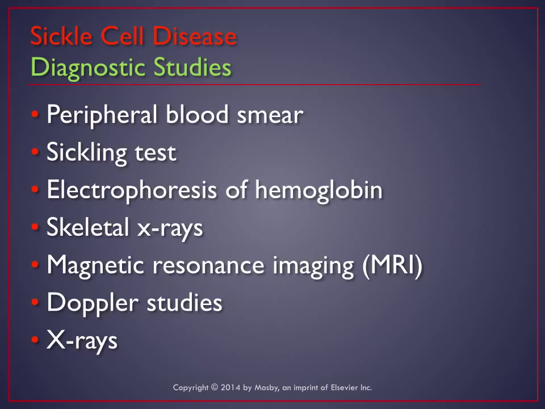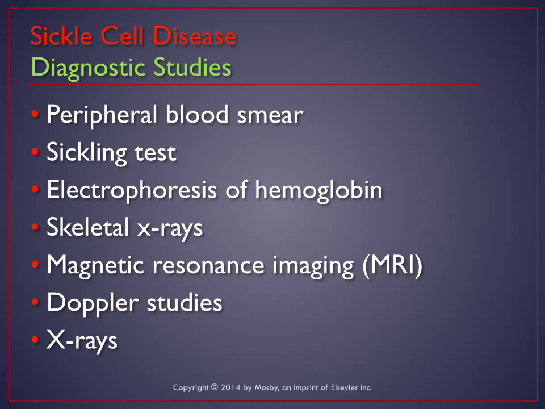Electrophoresis of hemoglobin. As a result of the accelerated RBC breakdown, the patient has characteristic clinical findings of hemolysis, which is jaundice, elevated serum bilirubin, and abnormal lab test results. Hemoglobin electrophoresis may be done to determine the amount of hemoglobin S, which is responsible for the sickle cell disease.